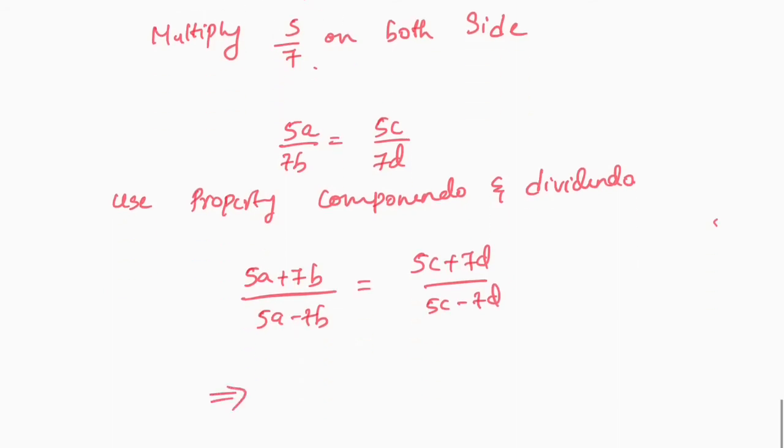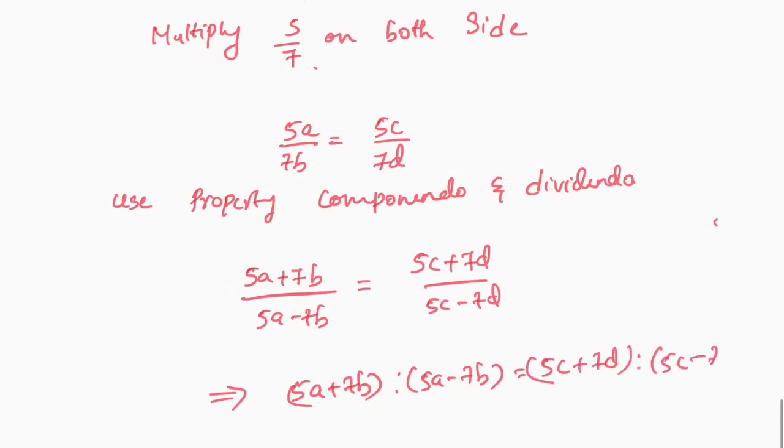So this can be written as 5A plus 7B is to 5A minus 7B equal to 5C plus 7D is to 5C minus 7D. So we got back the proof. Hence proved. Only if A is to B equal to C is to D is given, by multiplying the numerator and denominator you can get back into this form using the properties.